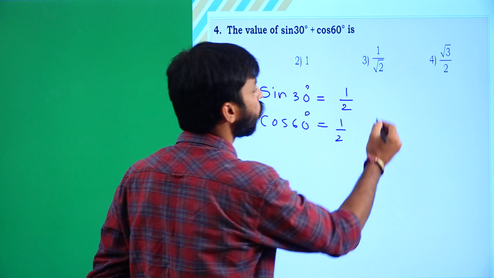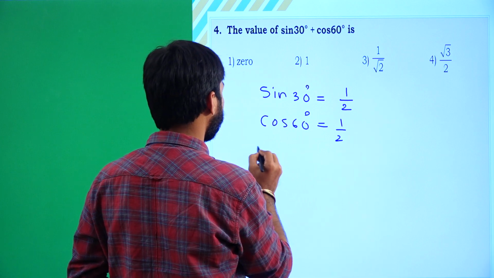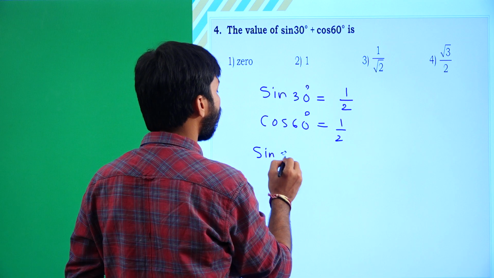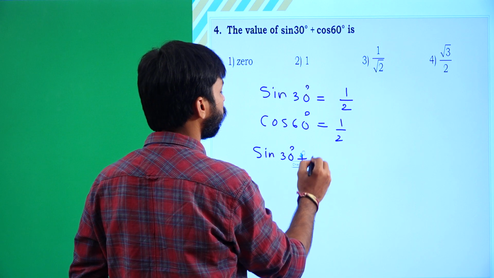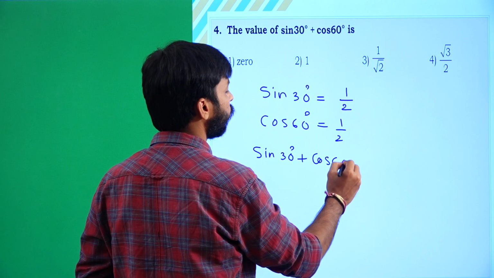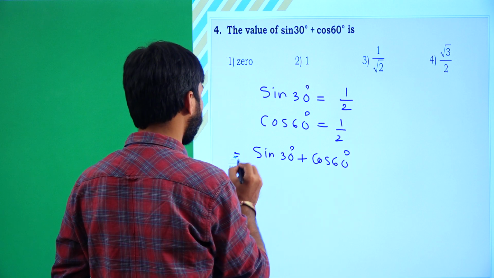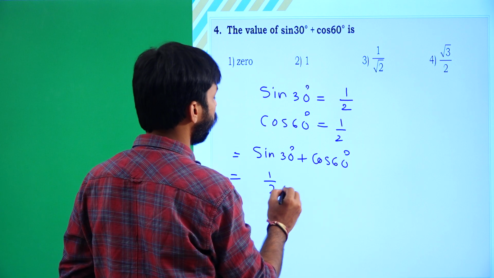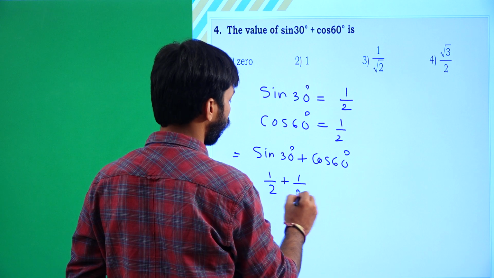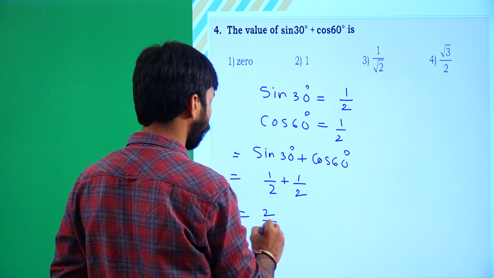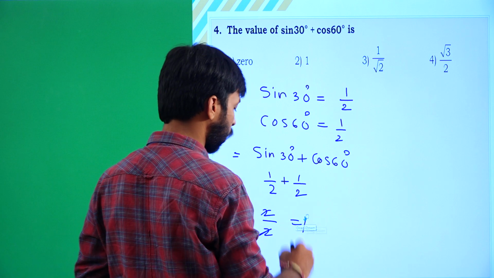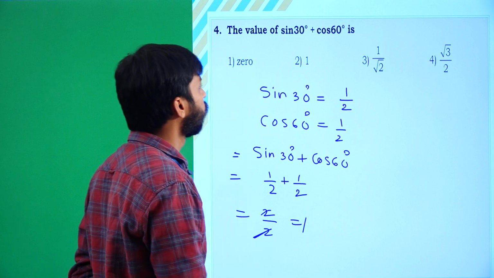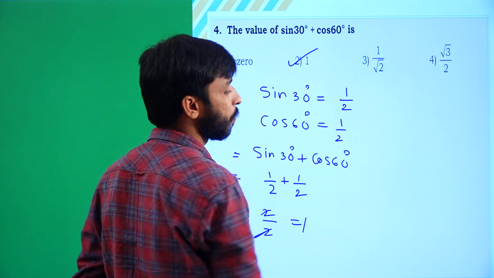Okay, already we know the values. So sin 30 plus cos 60 is equal to 1 by 2 plus 1 by 2, 2 by 2, that is equal to 1. So the option is the second option.